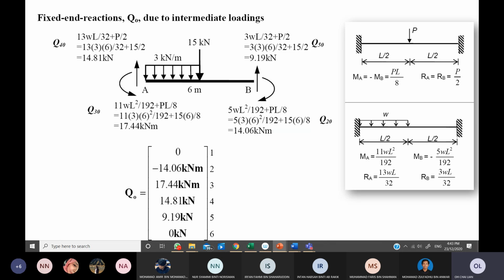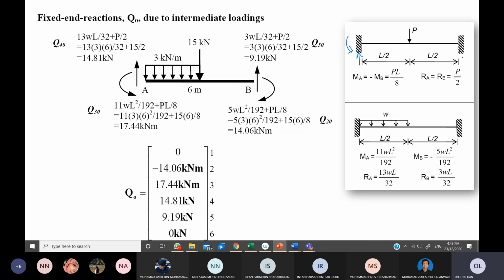The strategy to remove this loading is to transfer them and determine them in terms of fixed end reaction.